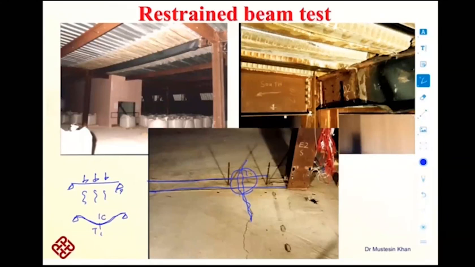But what happens at the support? Compression is at the bottom, the tension is at the top, because this fiber is being stretched like this. The tension will come at the top, and that is why at the top, because of the tension, we are seeing the crack, because concrete is a weak material under tension.